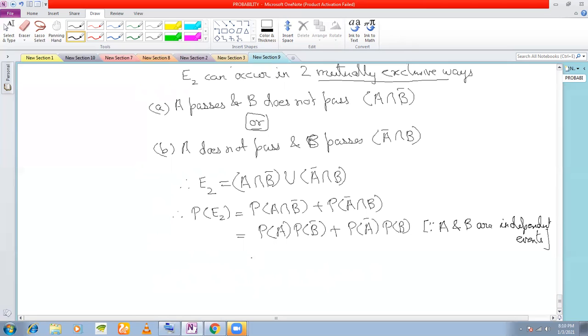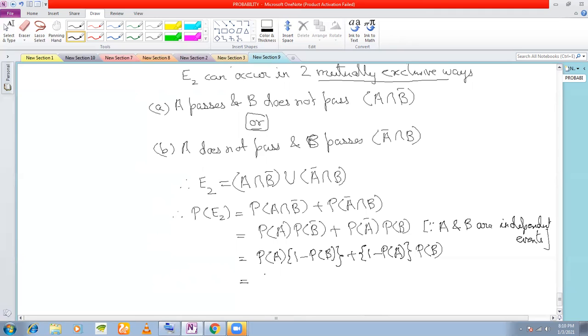Therefore, this is equal to P(A) times P(B bar), and what is P(B bar)? It is 1 minus P(B). And what is P(A bar)? It is 1 minus P(A), into P(B). That's it. Now just put the values.